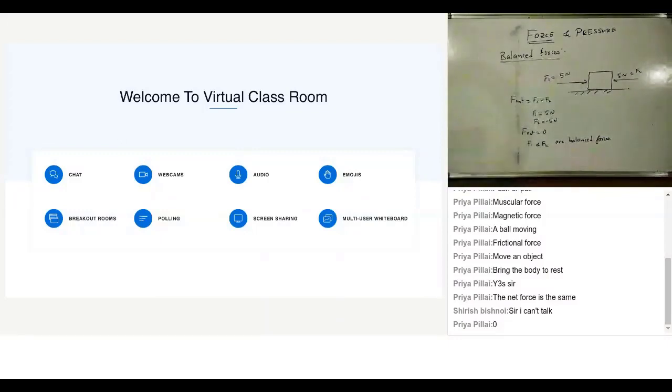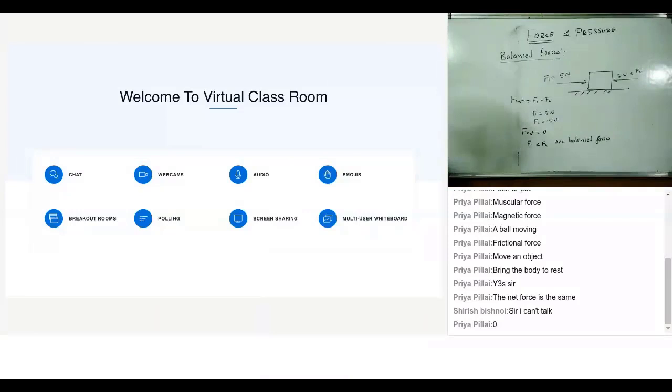Any doubt in this? A very simple thing. So what are balanced forces? When the net force, or the resultant force due to a number of forces, is 0, then the forces are called balanced forces.